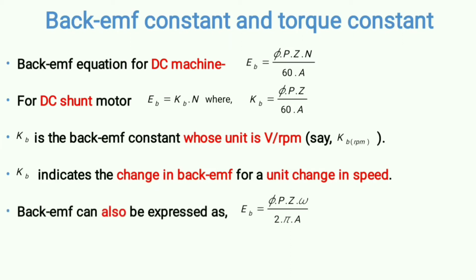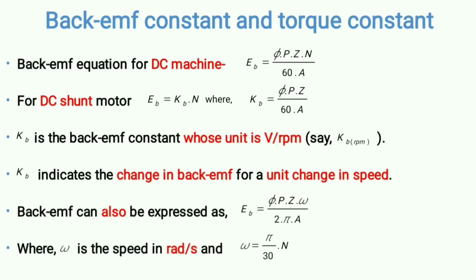Now let's come to the next point. Interestingly, back EMF can also be expressed like this. Speed can be expressed in two ways: one is in RPM and one is in radian per second, which you call omega, right? When it is omega, the equation becomes EB is equal to phi p Z omega by 2 pi A. Why?